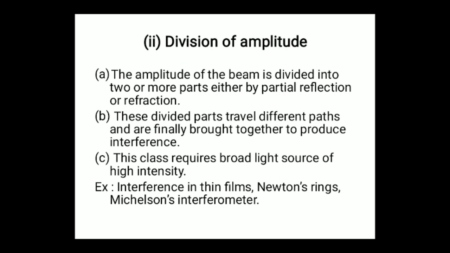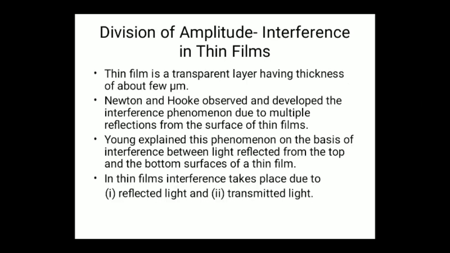Now we will discuss the theory of interference in thin films. What is a thin film? A transparent layer having a thickness of about a few micrometers is treated as a thin film. In thin films, the interference phenomenon is due to multiple reflections from the surface.